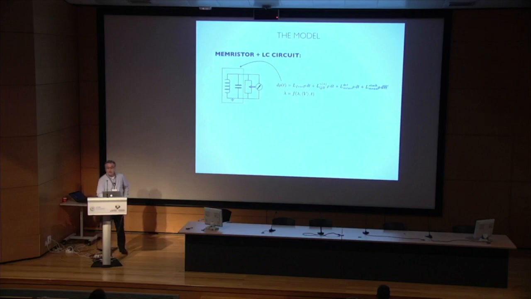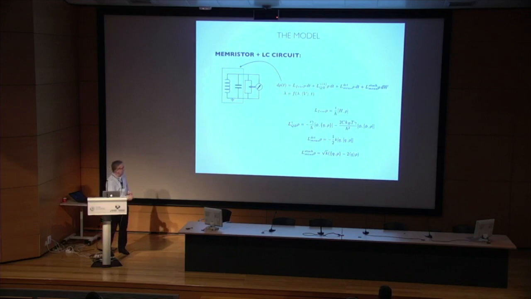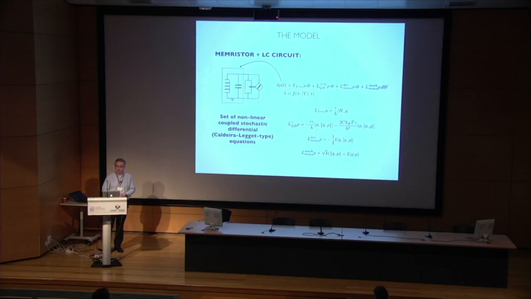So this is the density matrix for the oscillator part that we look at. This is the specific form that we took in order to do this computation. This is the stochastic part of the measurement, the deterministic part of the measurement, the coupling, and with the usual approximations. So it is a set of nonlinear coupled stochastic differential equations of the Caldeira-Leggett type.